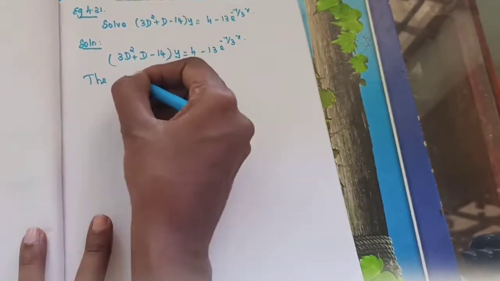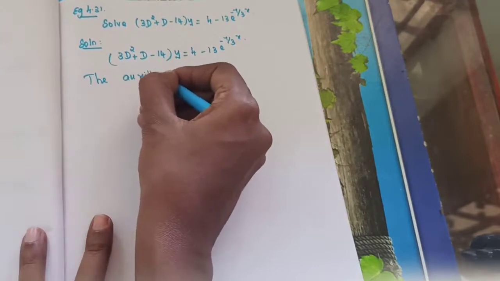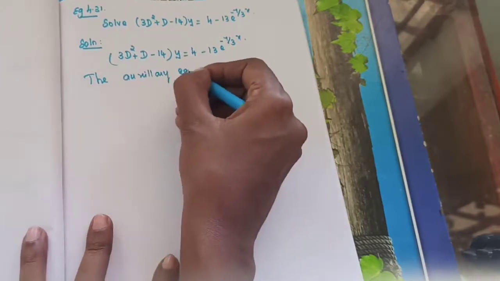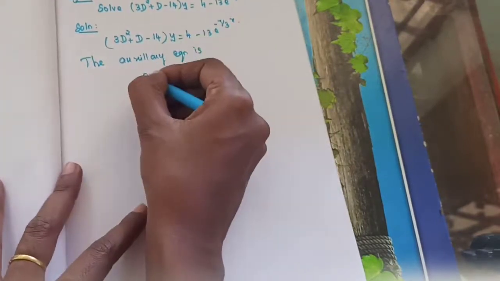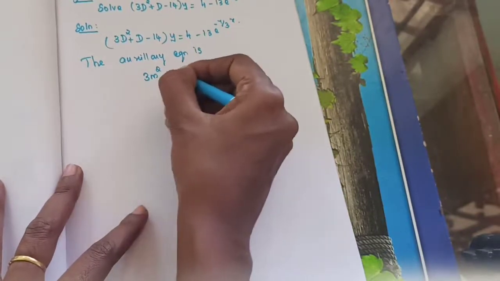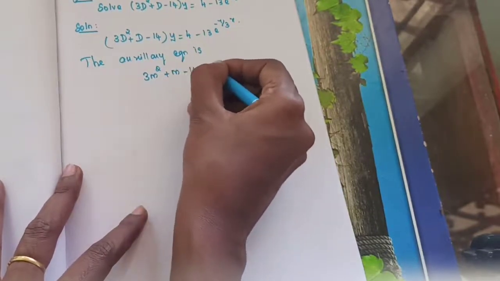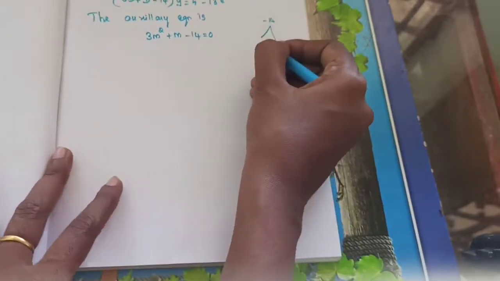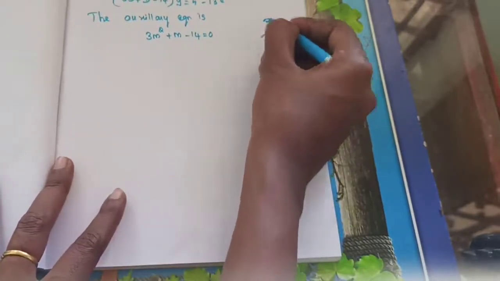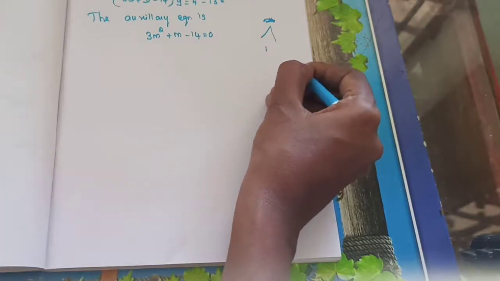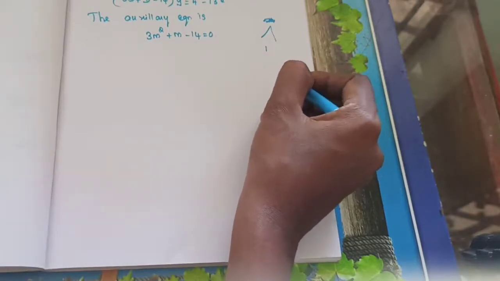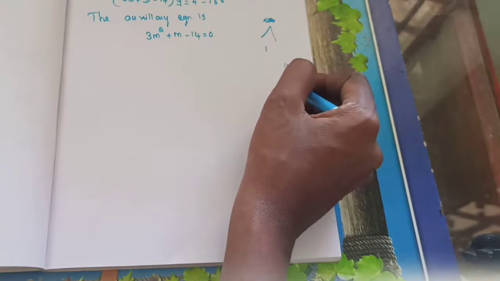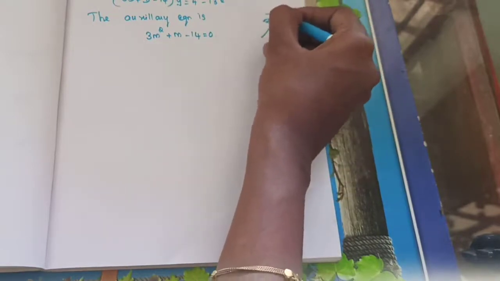Write down the auxiliary equation. What's the auxiliary equation? 3m square plus m minus 14 equal to 0. Factorize: 3 into 14 is 42, so minus 42, with middle term 1.